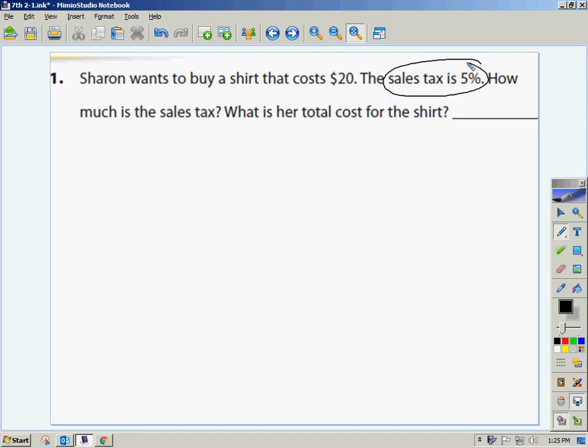So, we're going to talk about how to do these. The nice thing about this section is it really is the same thing that we've been doing. It's just an application. How do I find 5% of the $20? First off, they want to know how much tax there is. So, what am I going to do with this 20?